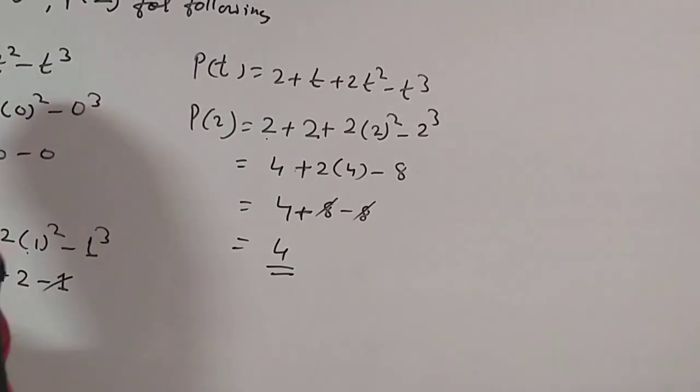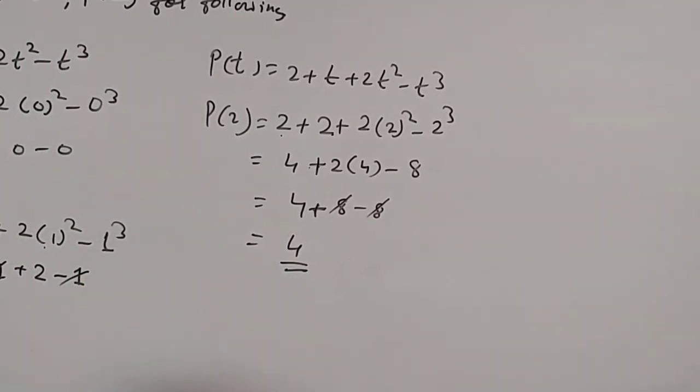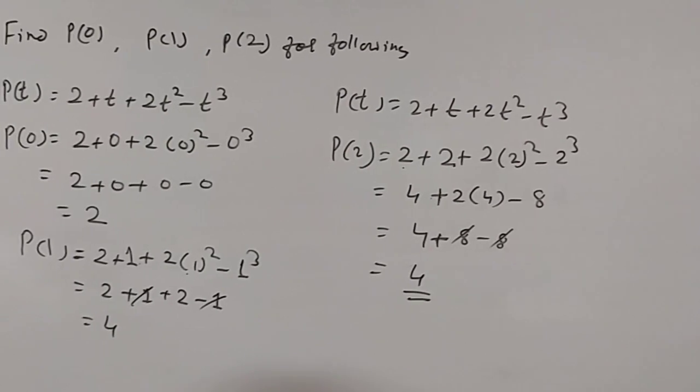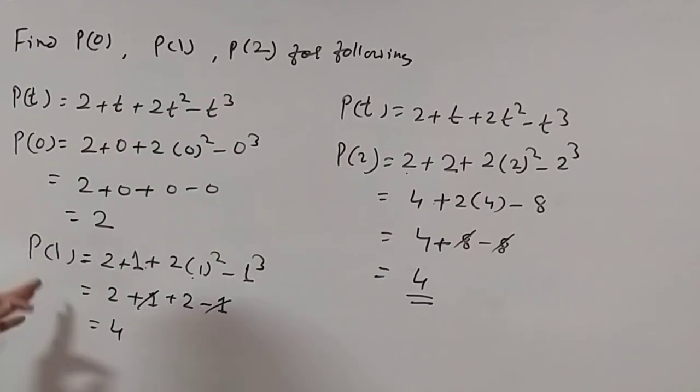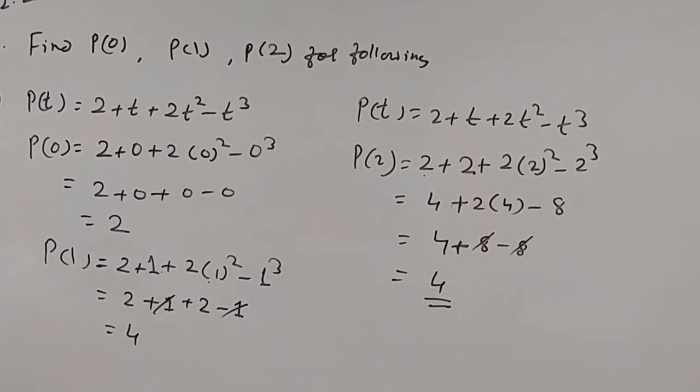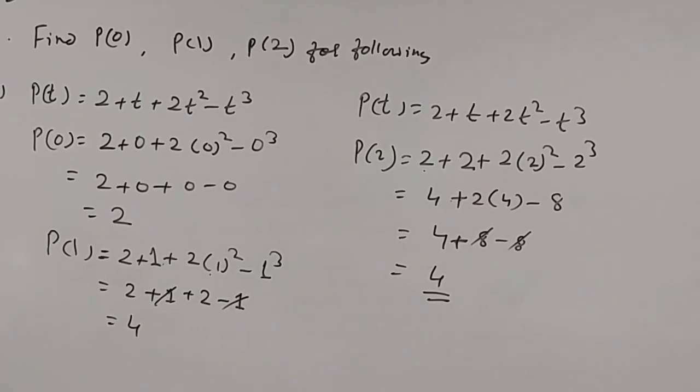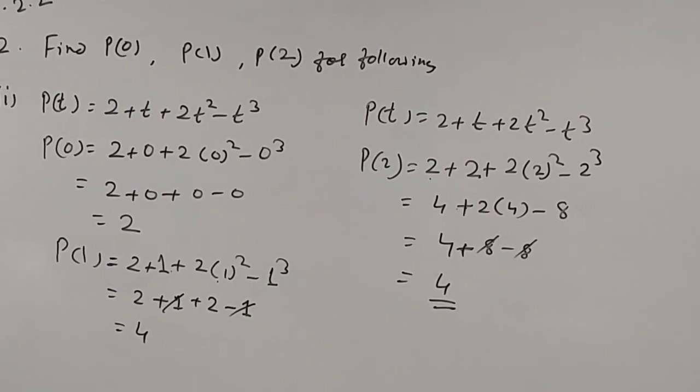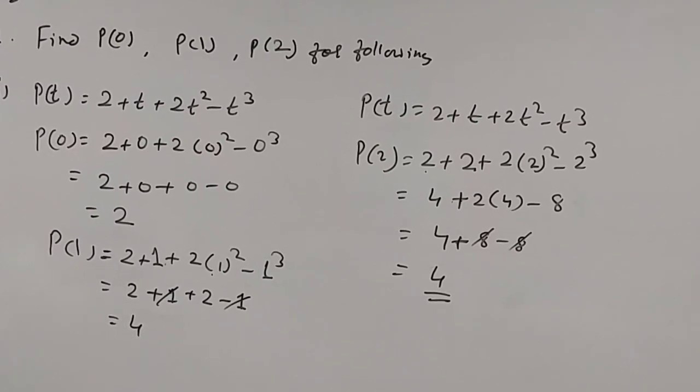Answer is 4. So see how you can find P of 2, P of 1, P of 0. Just put the value of t, whatever it is given, and you can find the value easily.